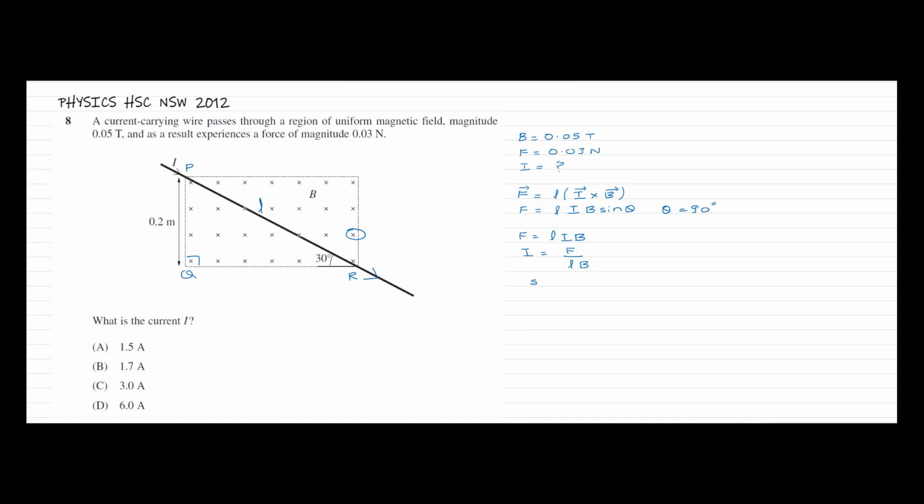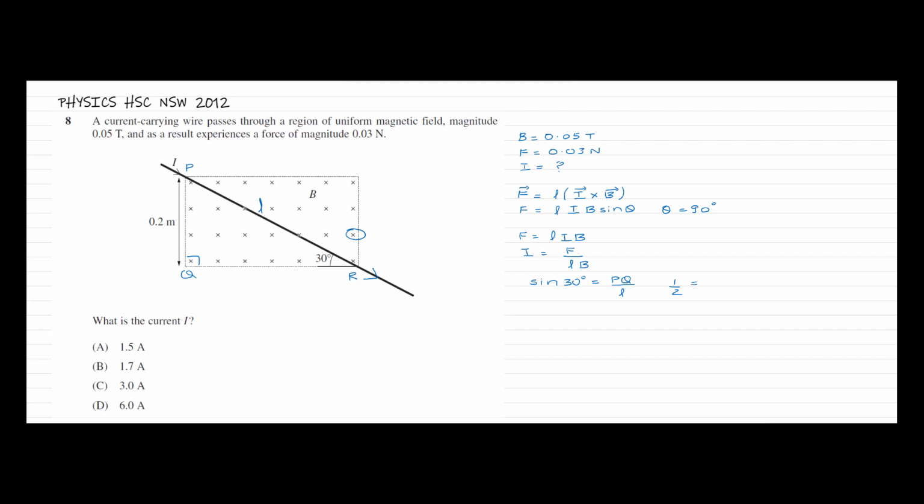So in that triangle PQR, what will be the value of sine 30 degree? So sine 30 degree will be opposite side, which is PQ, divided by hypotenuse. That will be L. And we know sine 30 value is 1 by 2.